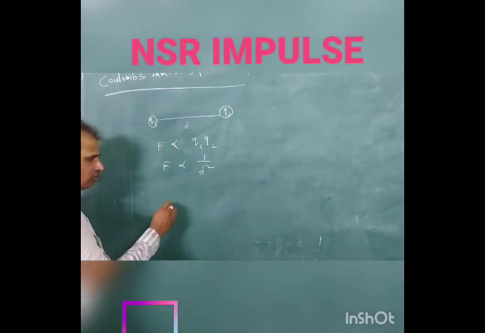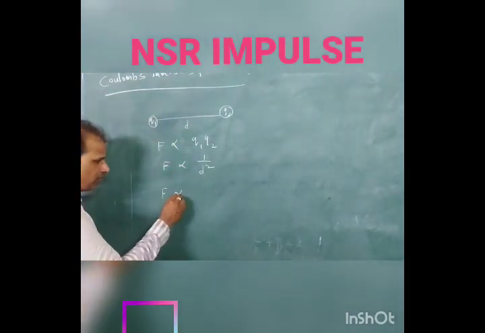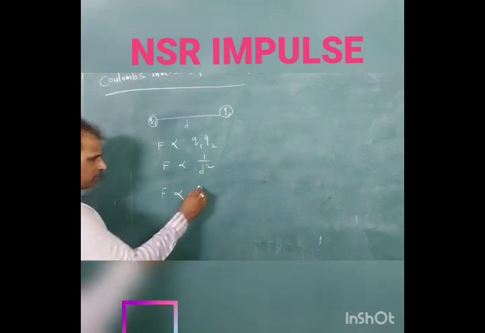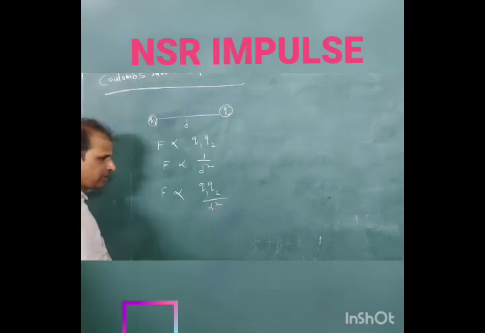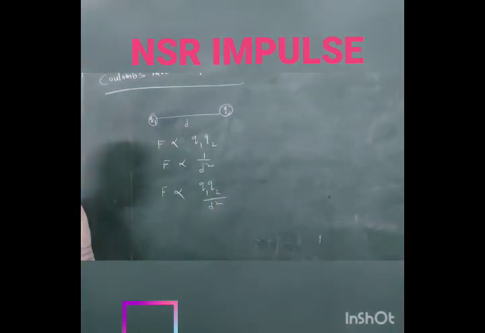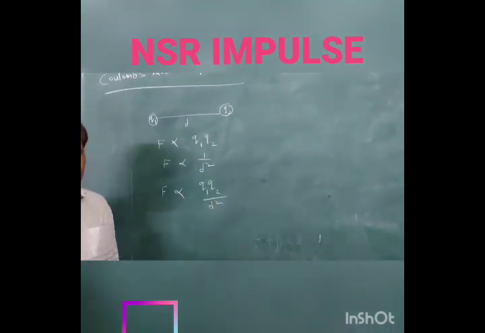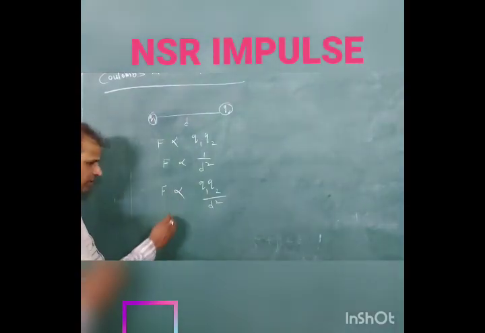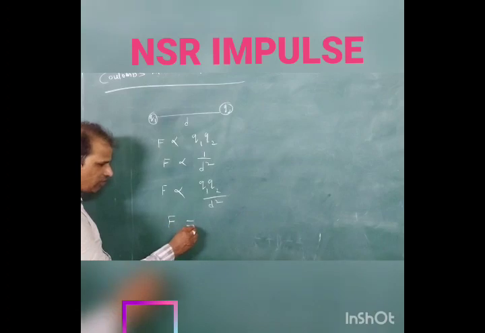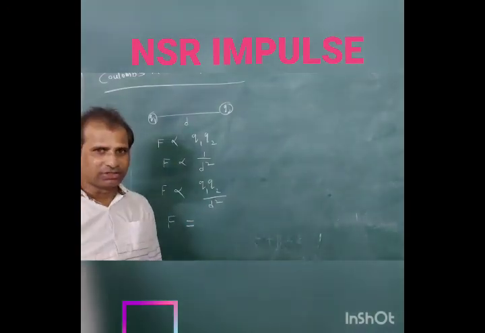Now combine these two, then we can write the formula like this: F proportional to Q1 Q2 by d square. So here we have a proportionality. We have to remove the proportionality. Whenever we remove the proportionality, we have to replace it with a constant.